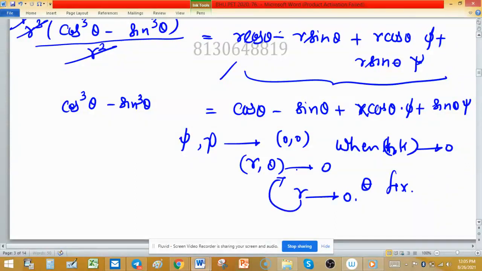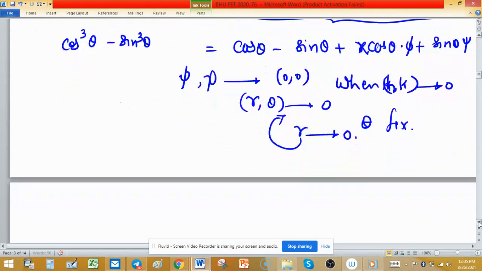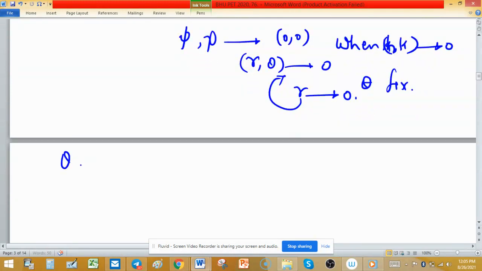Then this (r, theta) will go to (0, 0) from all directions. But particularly I am putting theta equal to 30 degrees, a single direction. First I'm going to approach theta equal to 30 with r going to 0.